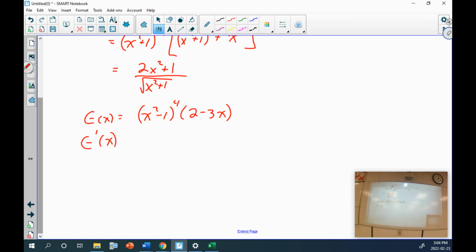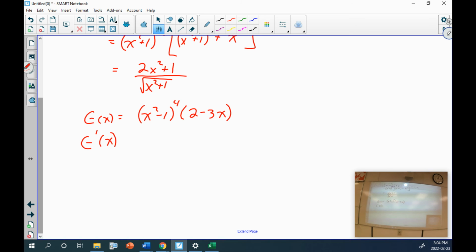So I do see a common factor. So take our x squared minus 1 to the 3. But that is correct so far. Right?